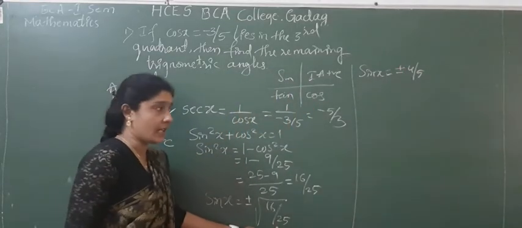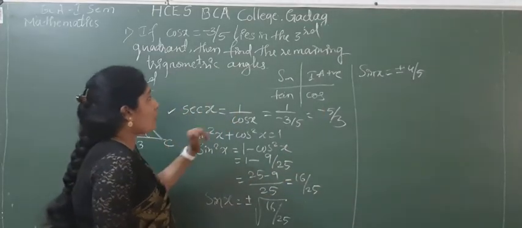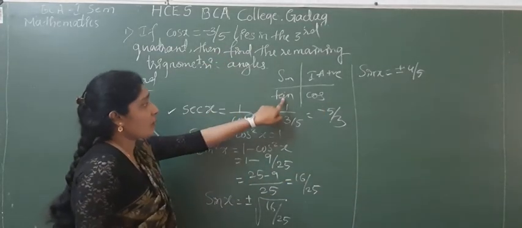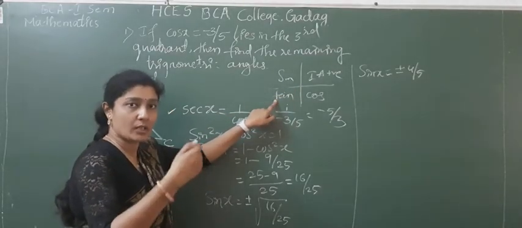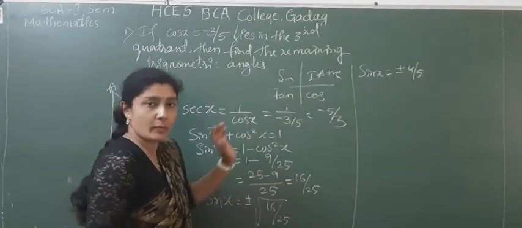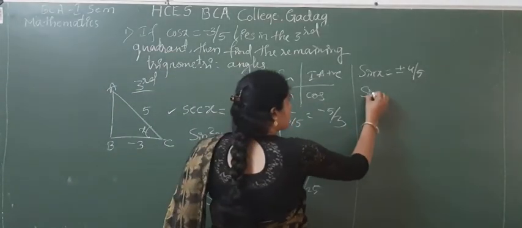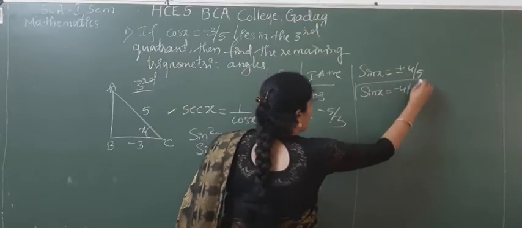Now we have to decide whether it is plus or minus. As you know, it lies in the third quadrant. In the third quadrant, except tan and cot, the remaining all are negative. Hence, sin has to be negative. Therefore, sin x is equal to minus 4 by 5.